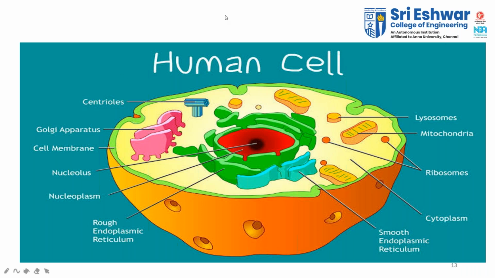These are all units of the human cell, namely centrioles, Golgi apparatus, and cell membrane. What are all the things present inside a single human cell? They are called units of the cell. This is how your human cell looks.